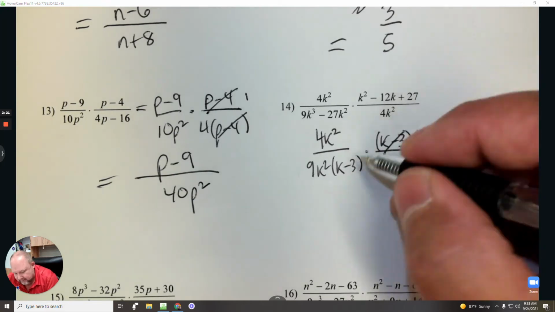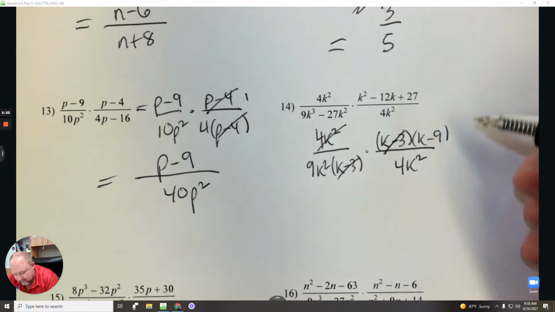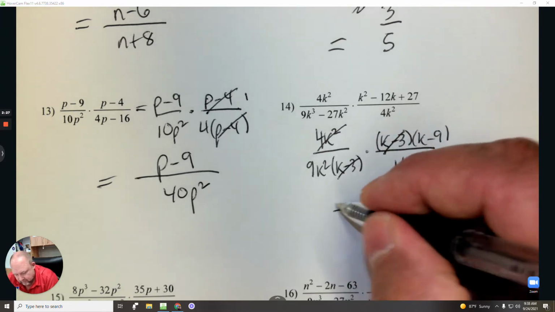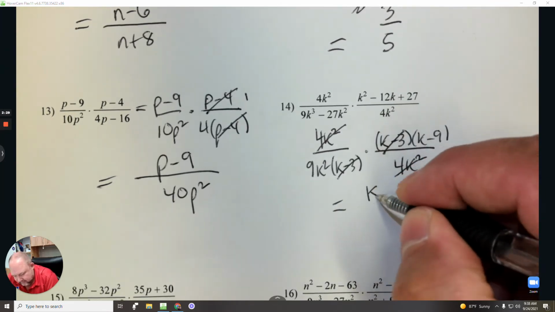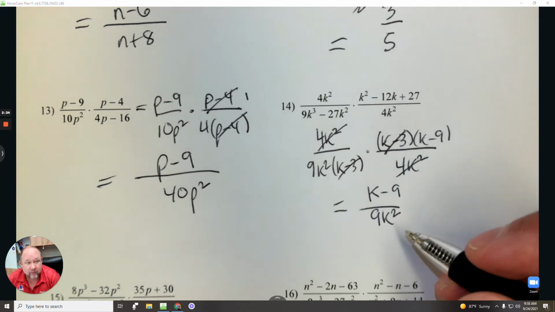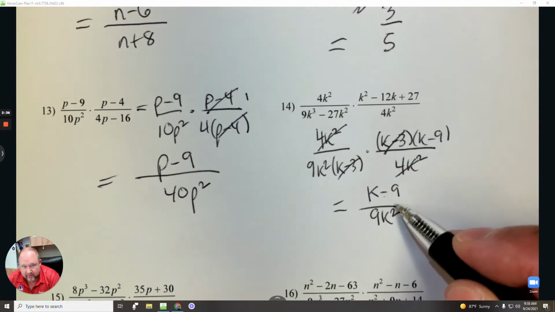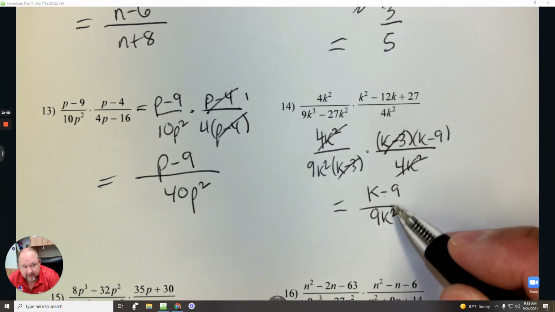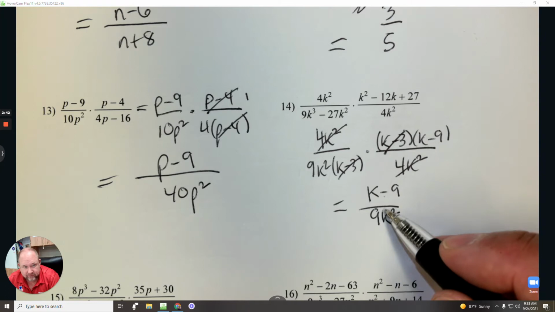So k subtract 3 eliminates. 4k squared eliminates. And that's it. So what's left in the numerator is k subtract 9, and in the denominator is 9k squared. K subtract 9 only eliminates with k subtract 9. So that's why these don't eliminate. You can't take half the factor and start crossing out.